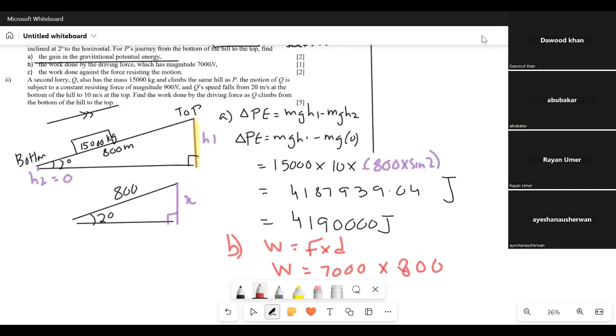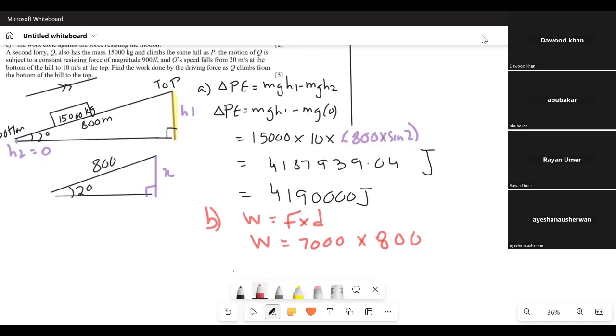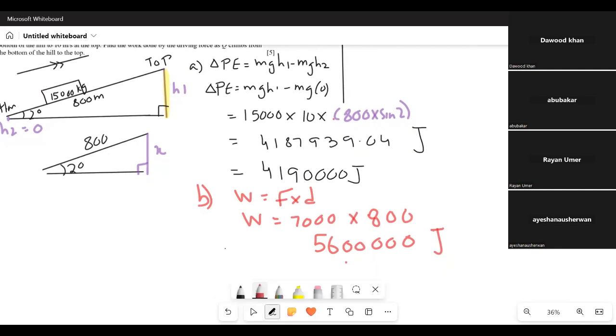So 7,000 into 800 is 56, 5 zeros. And the unit is going to be, since this is work done, joules as well. In the marking scheme they might also write this as 5600 kilojoules. Still means the same thing.